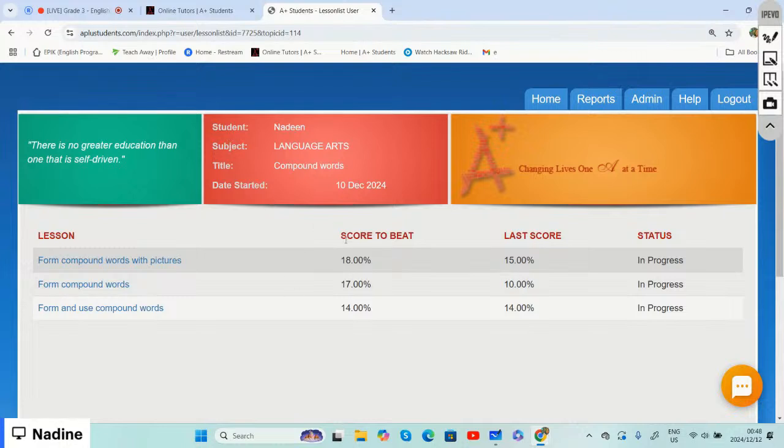So we said that this is the end of our lesson. We had to form and use compound words, and from a sentence, certain words are being given, and then we need to create a new word. All right, so this is the end of our lesson.